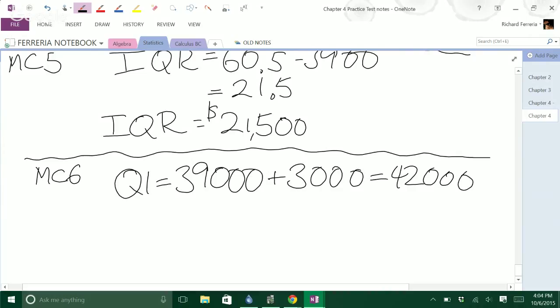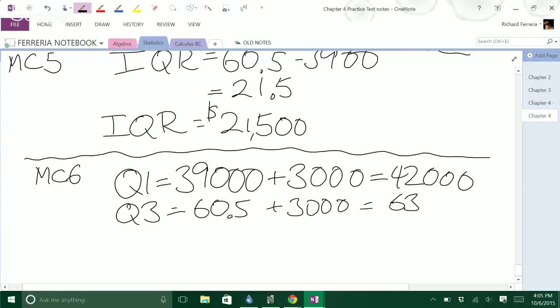Q3 also gets the same thing. Q3 is going to be 60.5 thousand plus 3,000, so 63.5. The IQR is actually going to be the same.